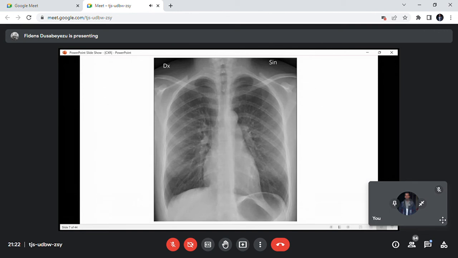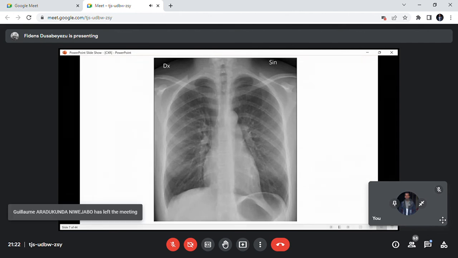And now the lungs are analyzed into zones. You compare the upper zone from right to left. You compare the middle zone from right to left. The same for the lower zone. You compare to see, are the vessels the same?